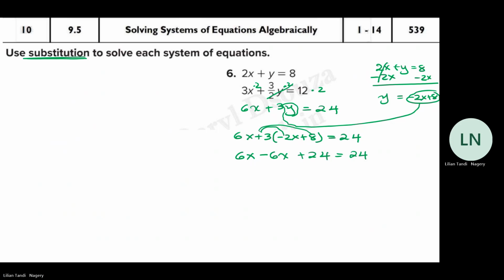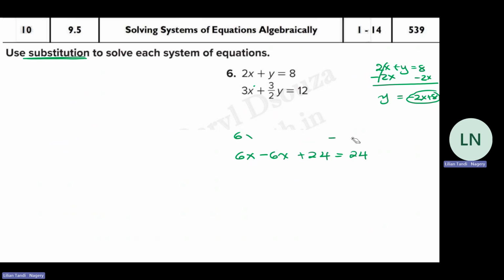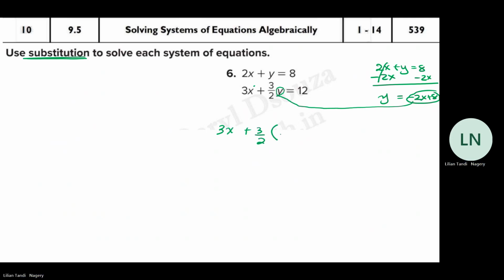Okay. Let's just do it a different way, see if we're going to get the same answer. Because I'm getting infinitely many, I want to see if I'm going to get infinitely many if I do it the other way. So take this and put this here. So I will have 3x plus 3 over 2 parenthesis minus 2x plus 8 equals 12.